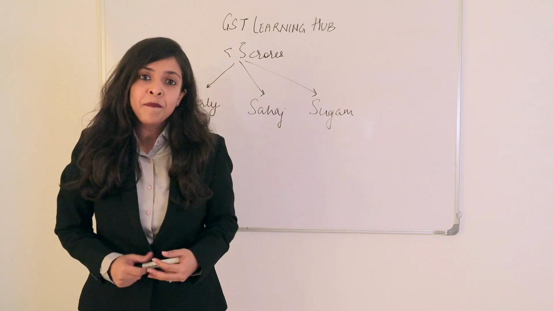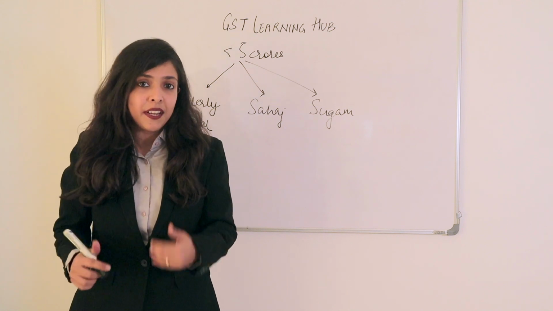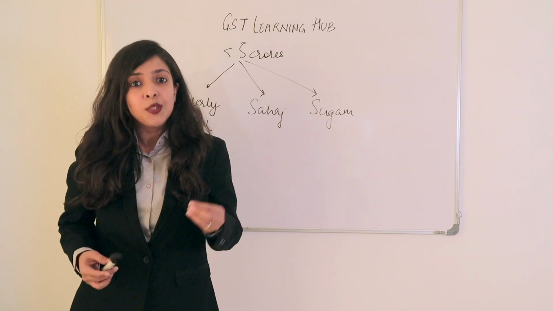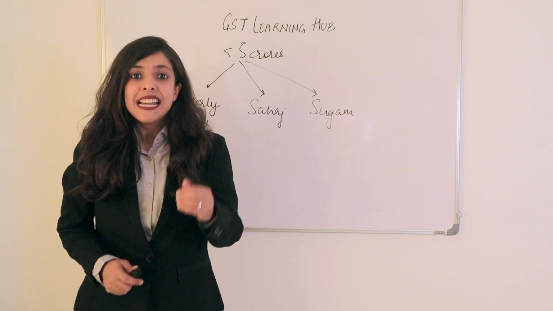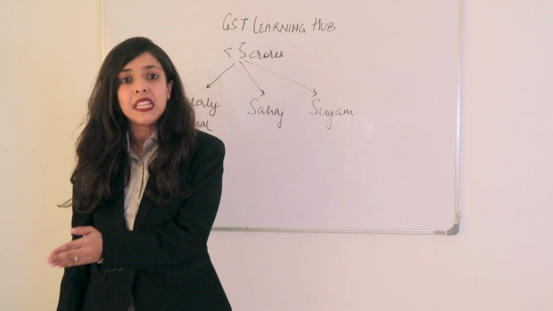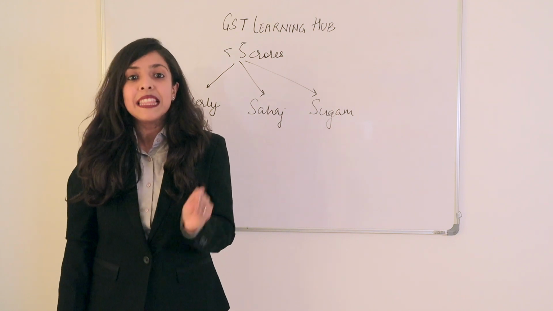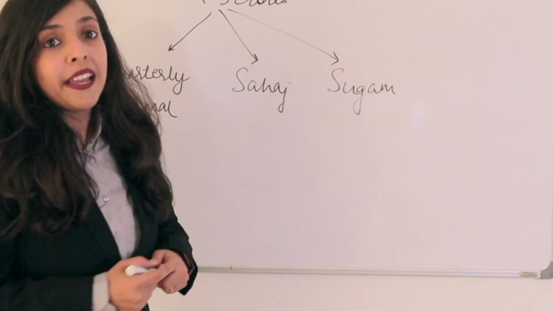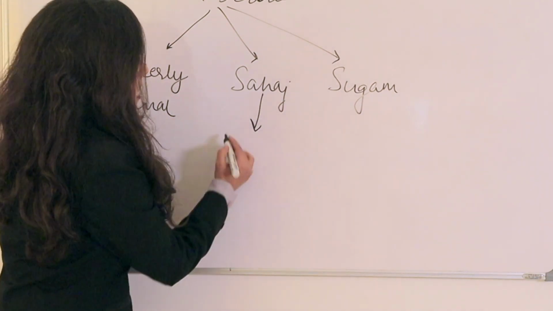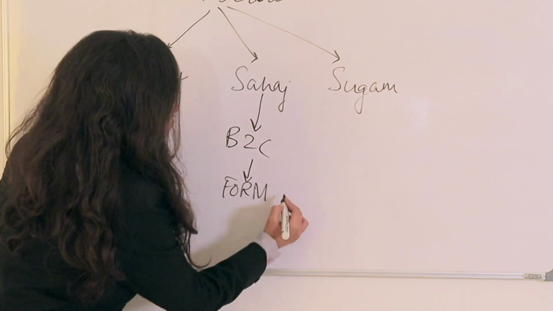So for example, if you're selling groceries every day in your shop and there are only consumers who are buying such groceries, it is called a business to consumer transaction, that is B2C. So if you're selling only to unregistered persons, in that case you can file the Sahaj return in form GST RET2.